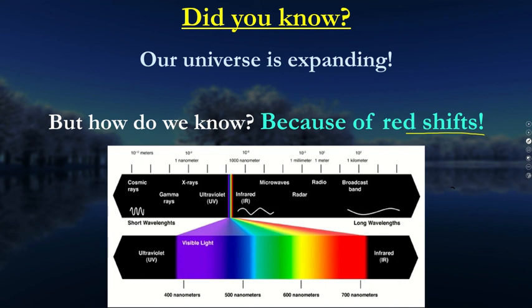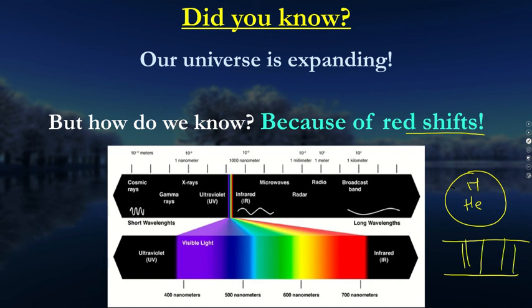Red shifts are very incredible. When we look at absorption spectra, we know what most stars are made of. We know that most stars are made up of hydrogen and helium, so we should see a common pattern in the absorption spectra. But sometimes we see it favoring a bit closer to the red, instead of where we were expecting it.